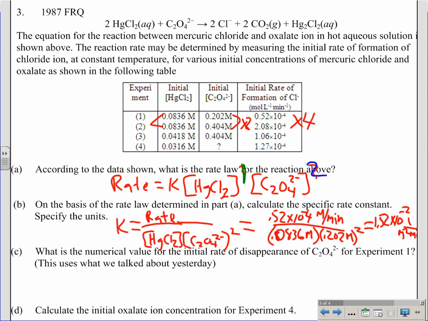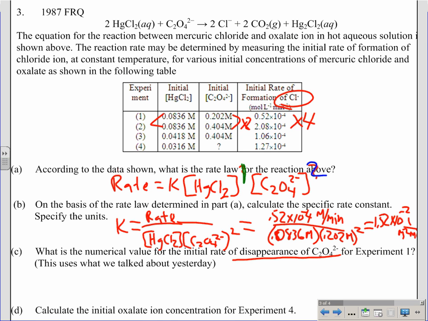Next, what is the numerical value for their initial rate of disappearance of C2O4 for experiment 1? Well, if you take a look at the top equation, it says the equation for the reaction between these two substances in a hot aqueous solution is shown above. The reaction may be determined by measuring the initial rate of the appearance of Cl minus. Now notice it's asking me about the disappearance of this substance.